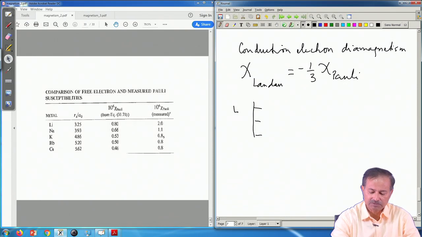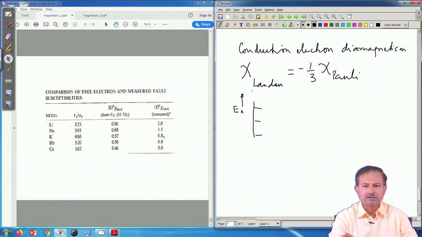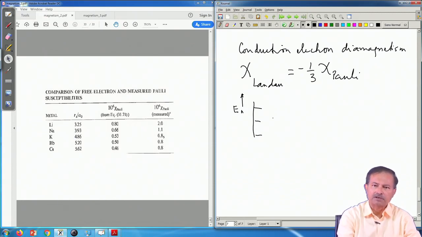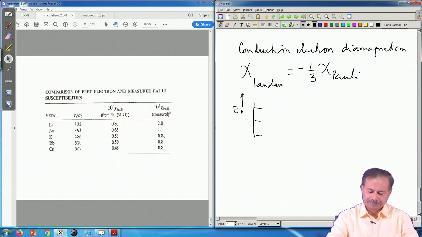So, E_n was quantized, and typically the Landau susceptibilities appear when you have to take account of very large fields at very low temperatures, then of course you will see these contributions coming up.